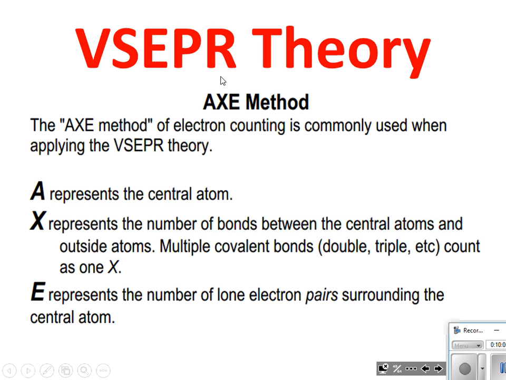And that's exactly what it is, that these valence shell electrons are repelling each other. How much they repel each other depends on what it is.